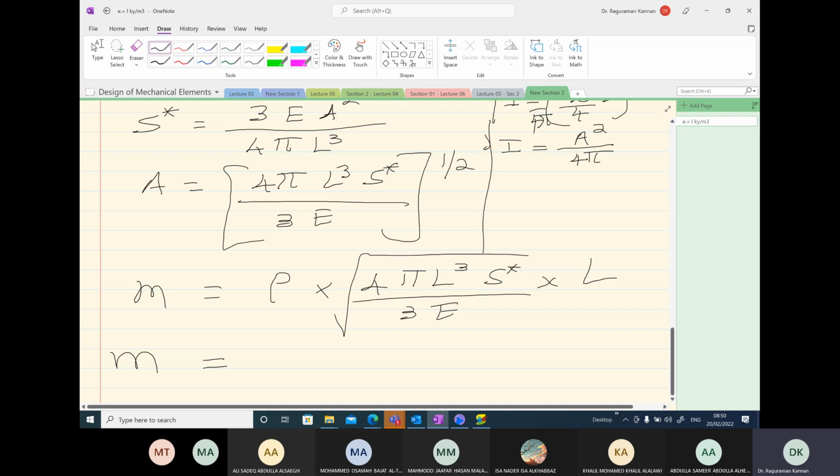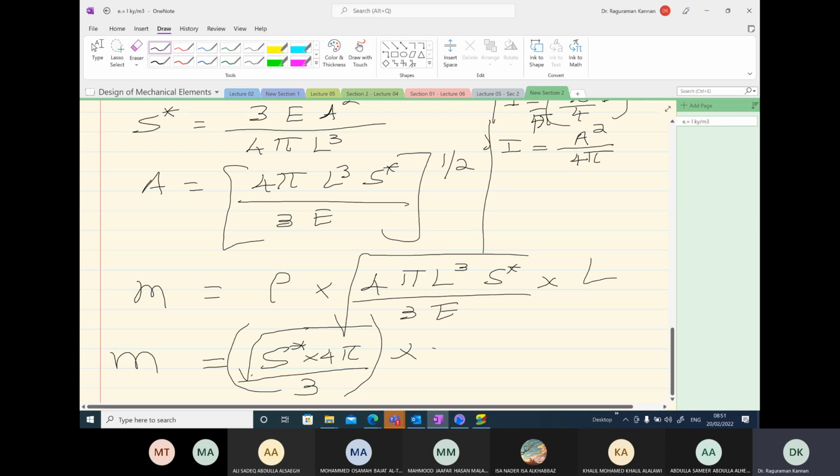Take the functional properties like S, square root of S, and put it commonly outside. Geometric parameters you can put outside. Since we have 4 pi, I'm going to group it with the functional parameters, divided by 3.